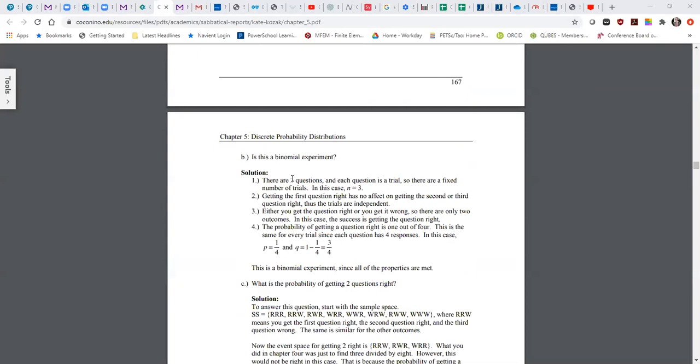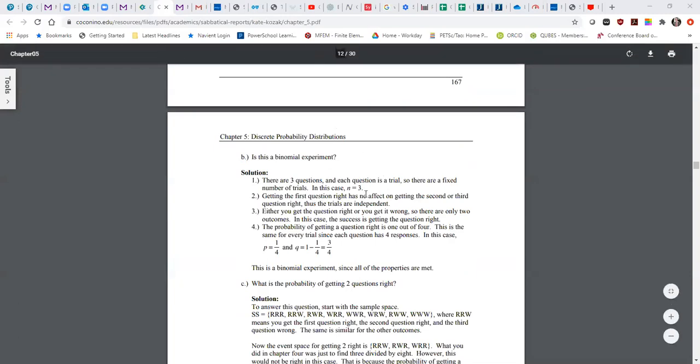Because you have three questions, the number of trials is three, right? And getting the first question right has no effect on getting the second or third question right, so the trials are independent.